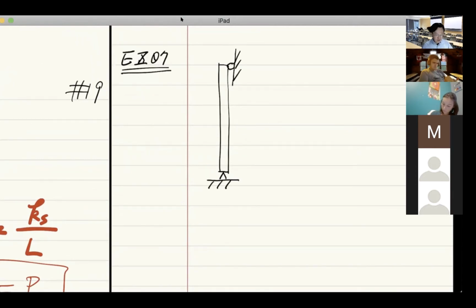To include eccentricity, we're going to add two little pieces at both ends of the column. So one way to do this is to add something like this. There's a small piece here, another small piece here. Now, to introduce loading, we're gonna apply the force, not at the support, but at the end of this little piece, which is like this.